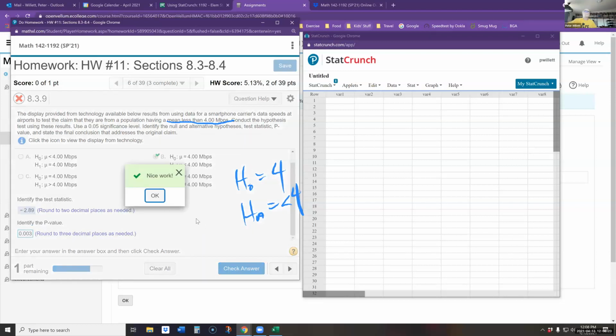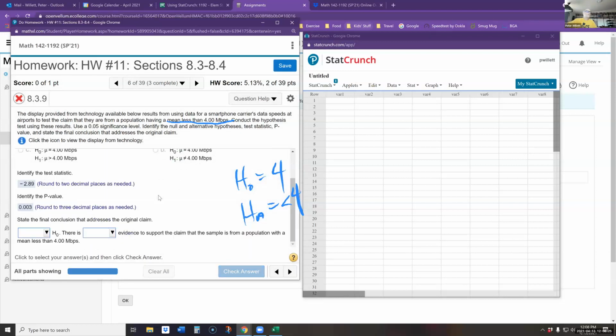And then we have to draw a conclusion. So what we do is we compare the p-value to the alpha value. And if the p is low, the null must go. The alpha value is 5%. Our p-value is less than 1%, 0.3%.